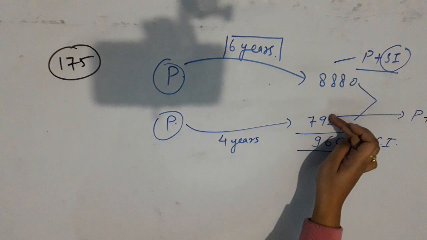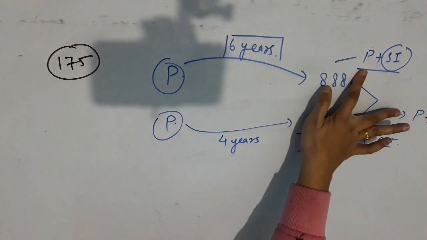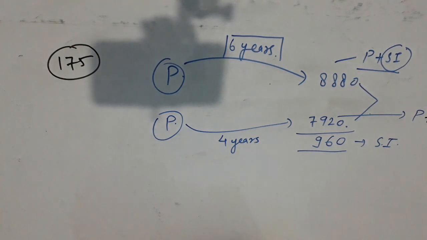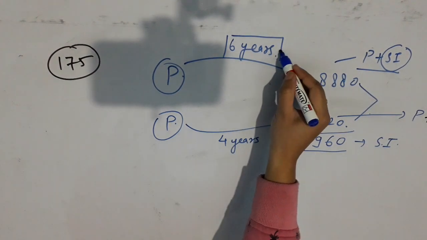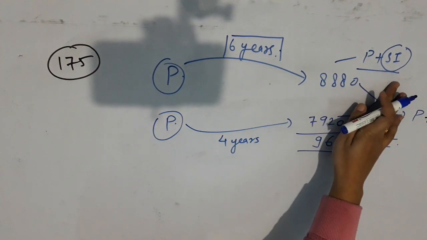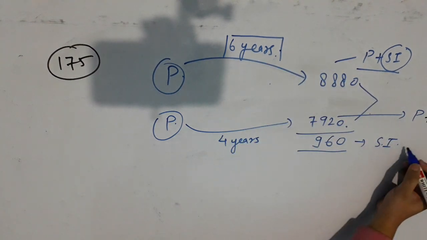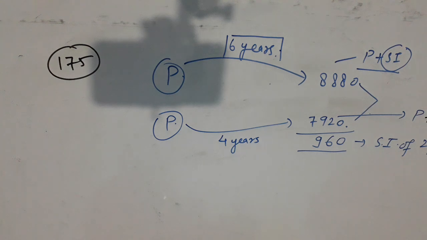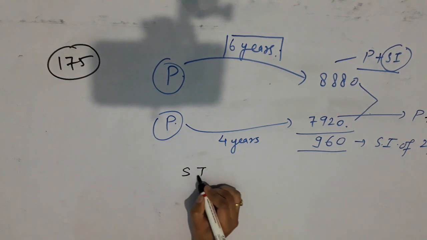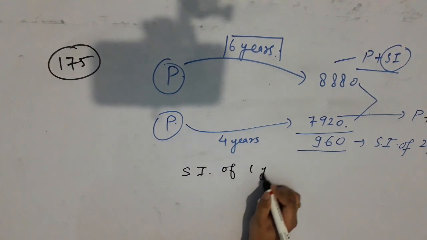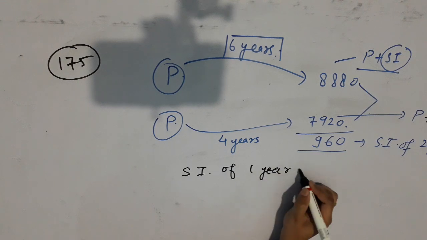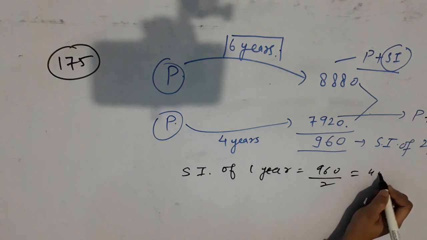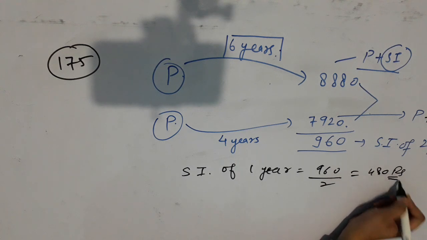If you subtract it, the principal will surely cancel, and from the 6 years and 4 years, the 4 years SI will also be subtracted. The remaining will be SI of 2 years. So from here you can find the SI of 1 year. It will be 960 by 2, that is 480 rupees.